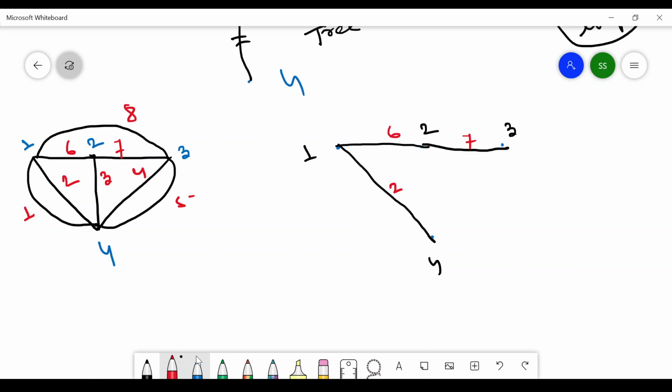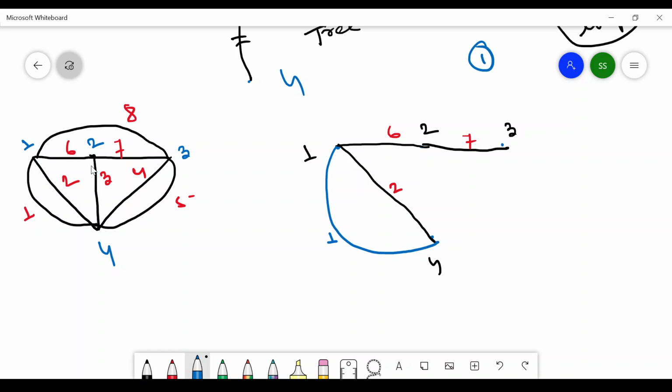Now we will be connecting all the other existing branches and we will see how many loops it forms. First, branch number 1, this one. So we have loop 1.